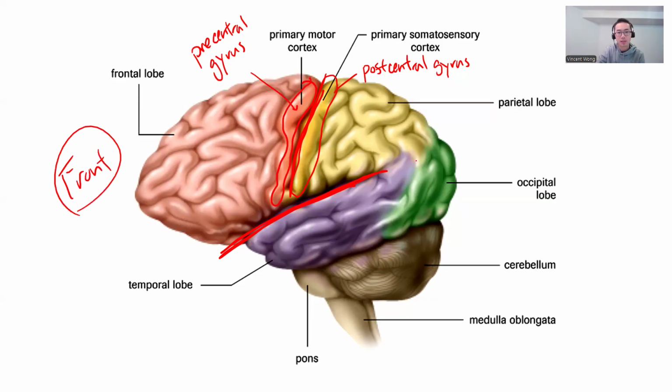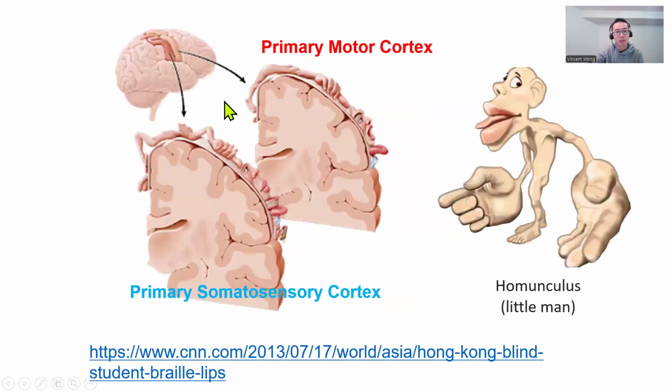You can tell which way is the front and which way is the back by looking at the location of the cerebellum. So this is the front, and the primary motor cortex is on the left side, right? And in this particular brain, there's the cerebellum, and this is the front now. So that's why this strip is the primary motor cortex, and this is the primary somatosensory cortex, right? And of course, dividing it is the central sulcus.